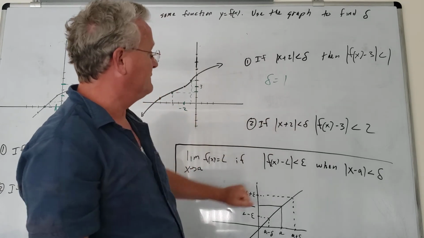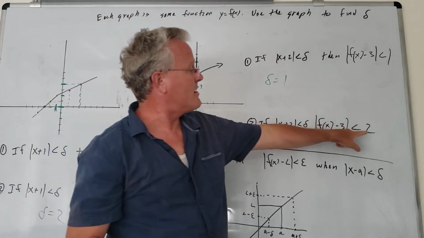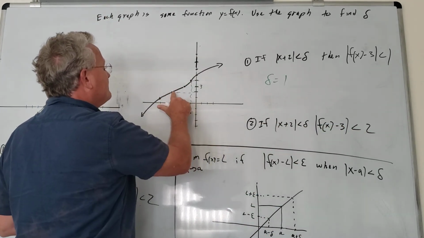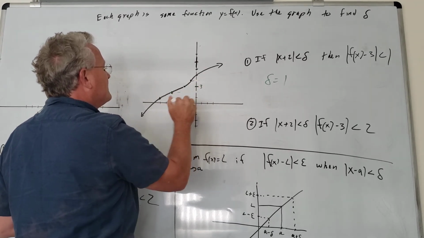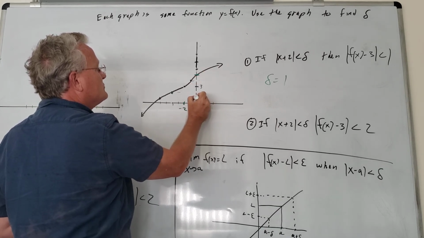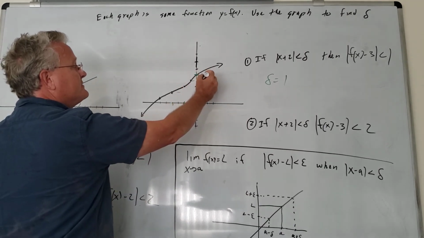We're approaching -2. Our limit is 3. But now our epsilon value is 2. So starting at 3, we go up 2 and down 2. Now that's our epsilon neighborhood. So go to your graph and to the x-axis.